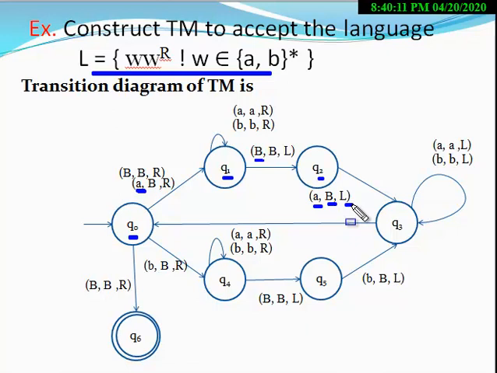So when at the state Q2 the tape symbol small a appears, the machine changes its state from Q2 to Q3, and a is removed by the blank symbol and also moves in the left direction. At the state Q3, if tape symbol A or B appears, the machine only moves in the left direction.